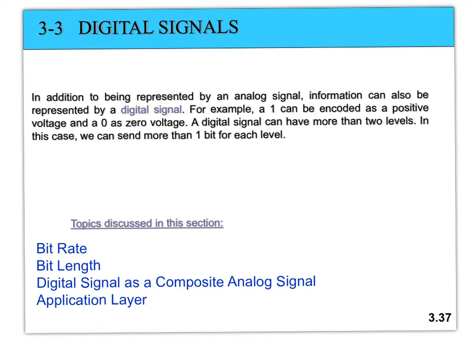If the composite analog signal is periodic, you have a finite number of sine waves in the frequency domain. If the composite signal is aperiodic or non-periodic, then you have an infinite number of sine waves to represent that signal, which results in a continuous frequency domain representation of that signal.